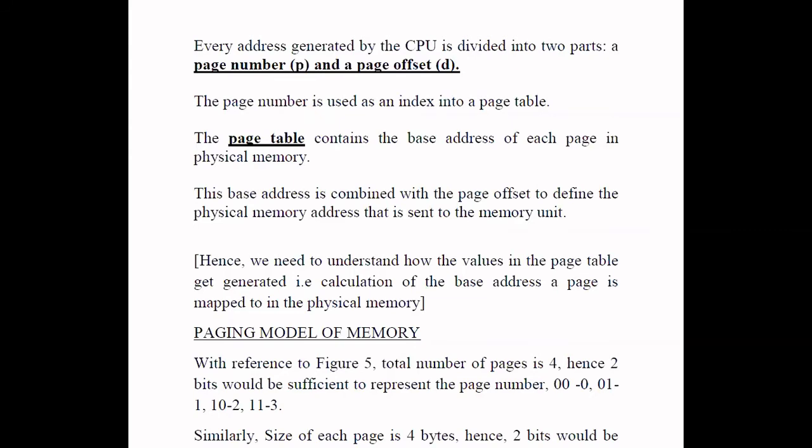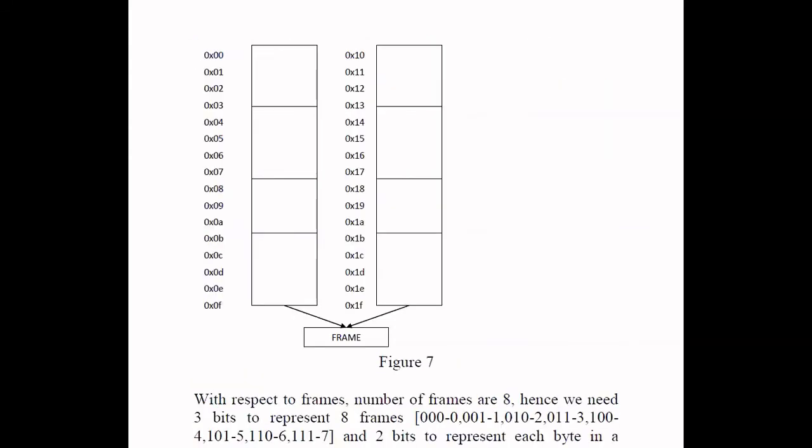Now, on the other hand, if we consider the physical address, in the example we have considered, we have totally 8 frames available over here. 8 free empty slots or frames. So in order to represent the address of the frames, we need 3 bits. 2 power 3 is equal to 8.